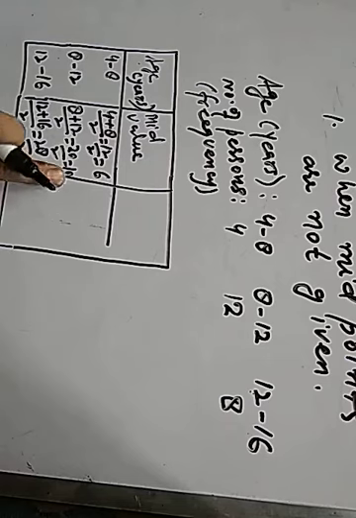For the last class interval, the mid value will be equal to 12 plus 16 divided by 2, it will be 28 divided by 2, which is equal to 14.